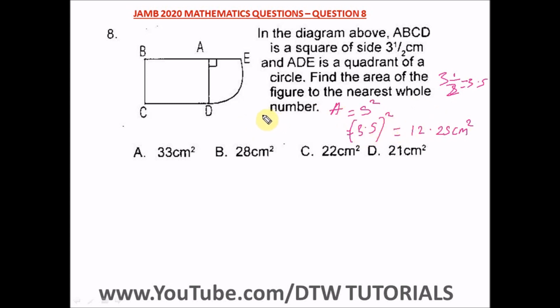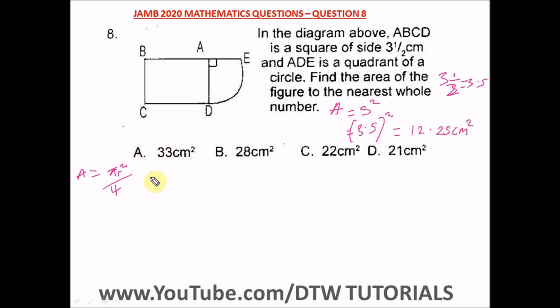Let us go and find the area of this quadrant. So area of a quadrant is just the area of a circle divided by the number of quadrants we have. Since we are given one quadrant, that will be pi r square over 4, because we have 4 quadrants in a circle.